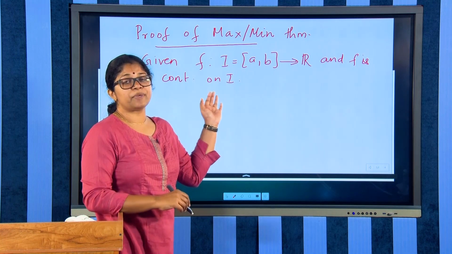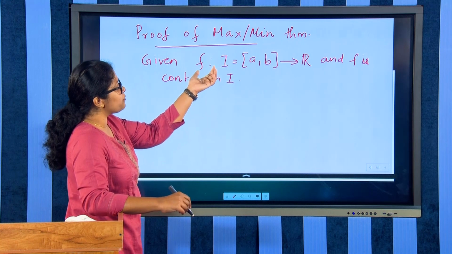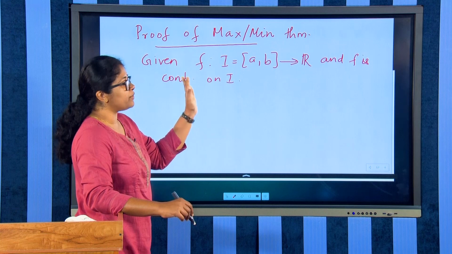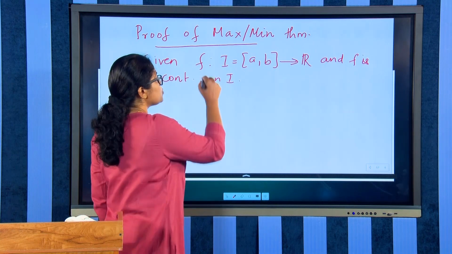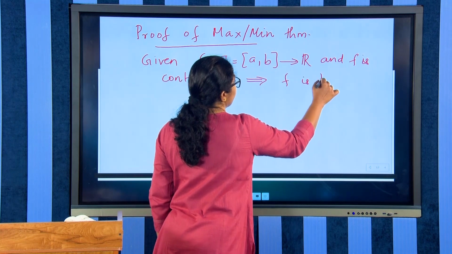So, just previously we have learned a result for the same sort of function. If f is defined on a closed bounded interval and is continuous, definitely f is bounded. So, these two conditions indicate that f is bounded.